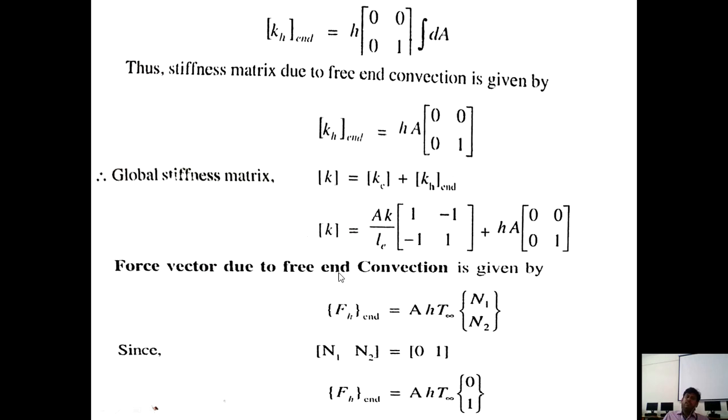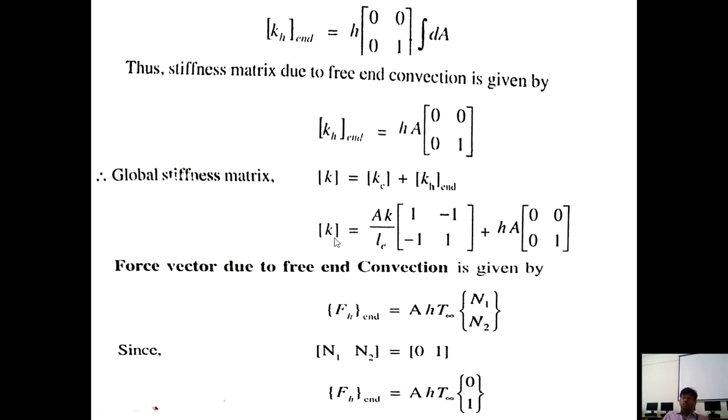What is the force vector for free end convection? For the force vector, it is the area over which convection takes place, into H, into T infinity, the temperature of the surroundings, into N1, N2. As we already know, the value of N1 is 0 and N2 is 1, so finally the force vector due to free end convection is A H T infinity into [0; 1].